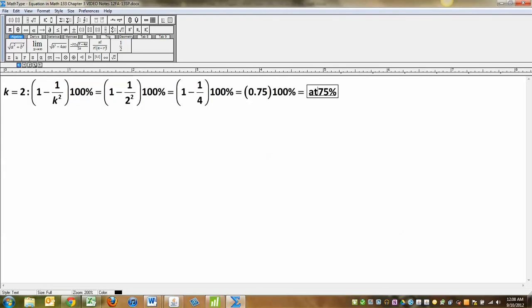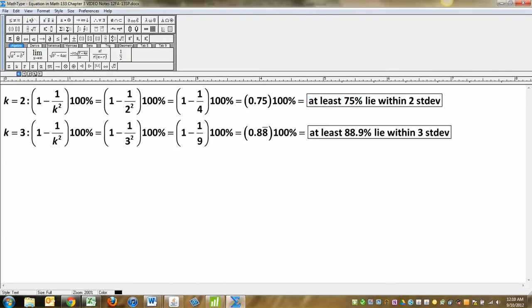At least 75%. So according to Chebyshev, at least 75% of the data are going to lie within 2 standard deviations if it's skewed. Actually, it'll be at least that much. So even if it's not skewed, it'll be more than that, like it's 95% if it's normal.